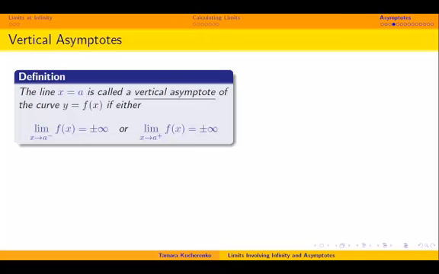The line x equals a is called a vertical asymptote of the curve y equals f of x if either the left-hand limit of f of x at a is plus or minus infinity, or the right-hand limit of f of x at a is plus or minus infinity.